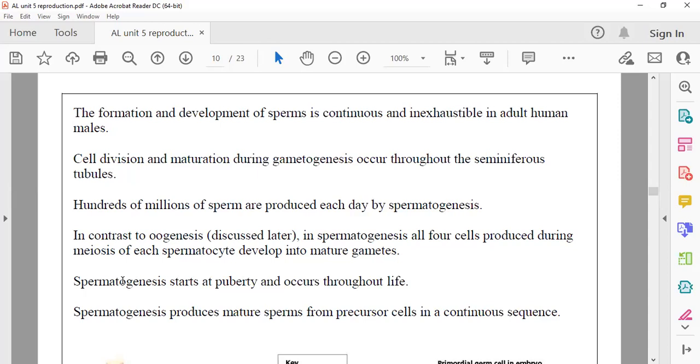If a girl reaches puberty, we give her new dresses and jewels. That system is not there for males, so we don't recognize them. But this is another story. In which stage does spermatogenesis start in a male? At puberty. But in a female, it starts before her birth. Understood? Oogenesis in the female starts in which stage?